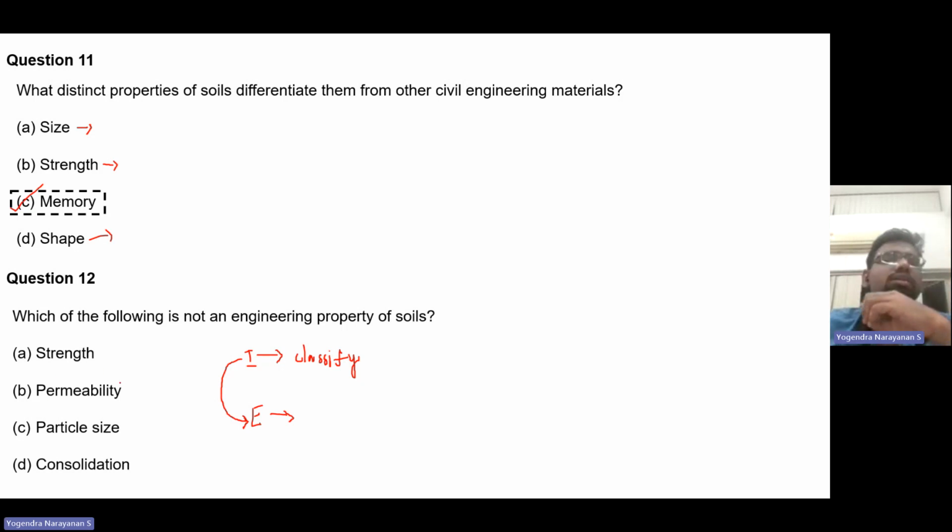Hence, if you see the given options, strength is obviously an engineering property since it is one of the very commonly considered parameters for the design. And consolidation is usually the settlement characteristics undergone by some type of soils.